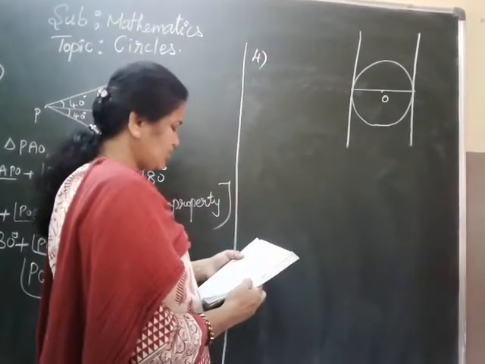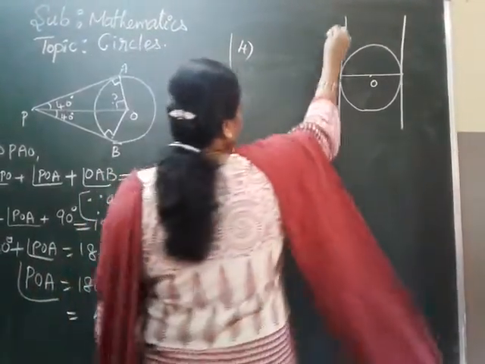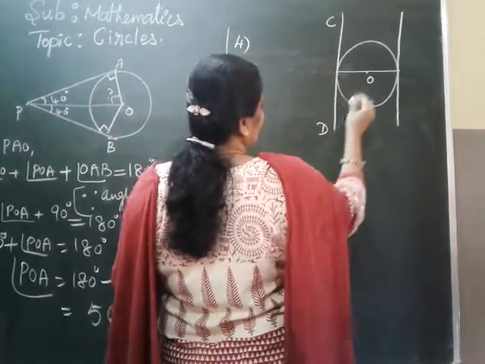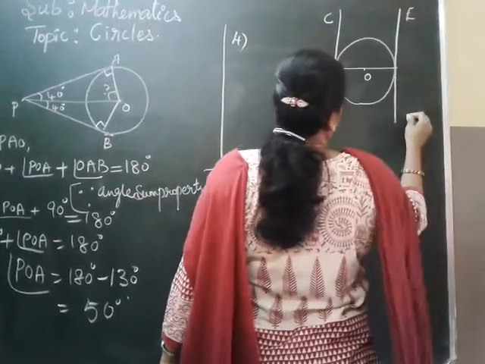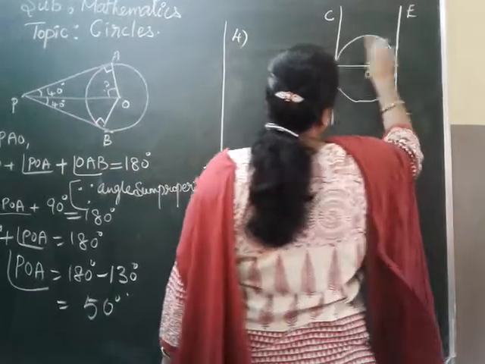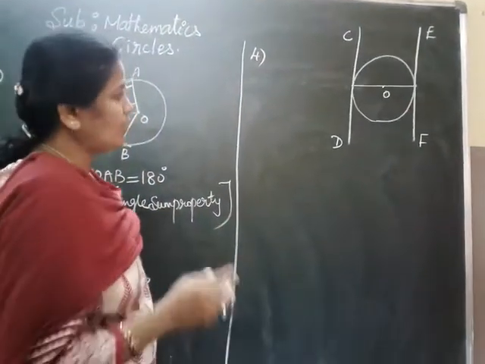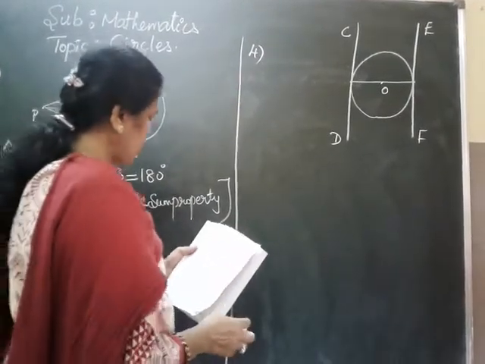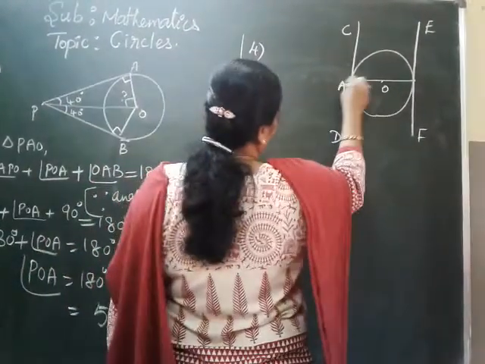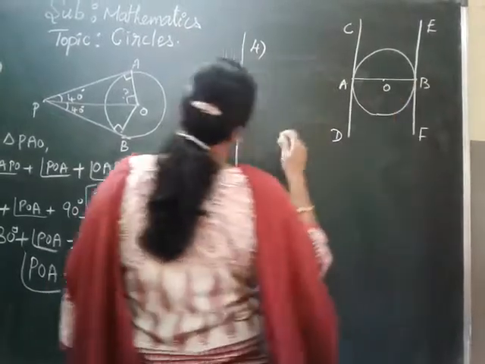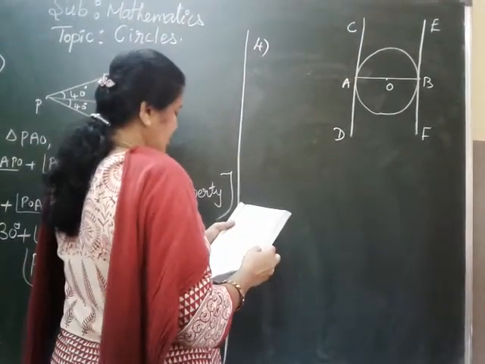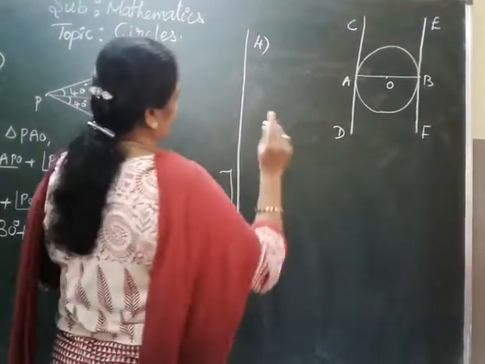CD is one tangent, EF is the other tangent. We want to prove these two tangents are parallel. It is not so difficult. What is given? AB is the diameter, O is the center of the circle.